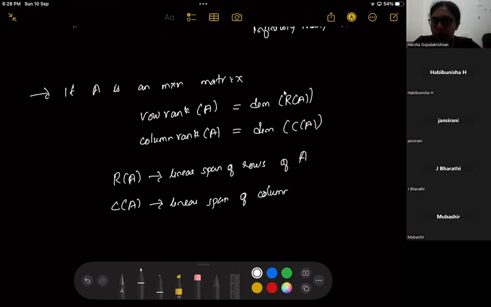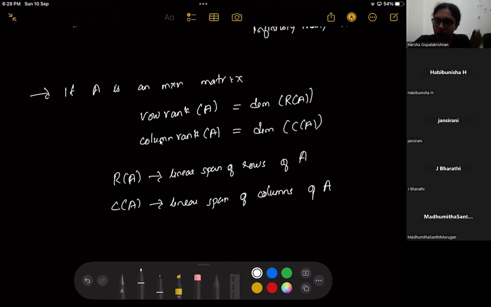Okay, so if we have a matrix A, we have rows and columns, right? So we will take the rows and take all the linear combinations of those rows. So whatever we are getting, it is a vector space generated by all the rows. So we are taking the dimension of that vector space. Okay, dimension of R of A. That is the row rank.